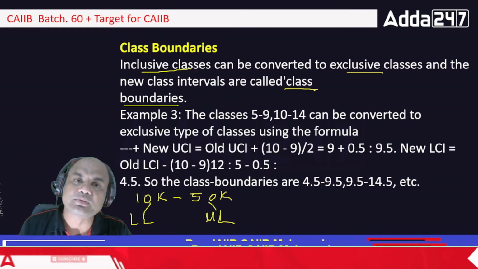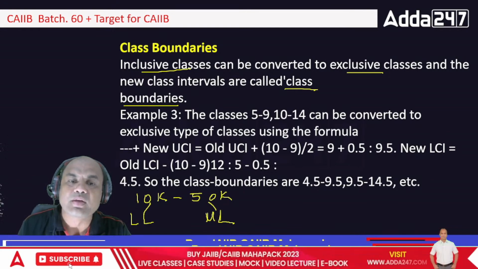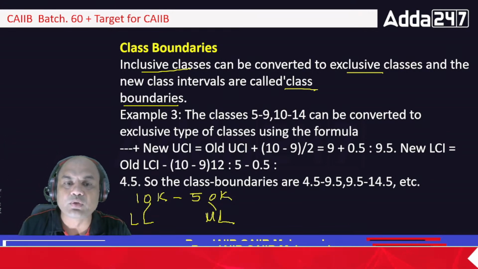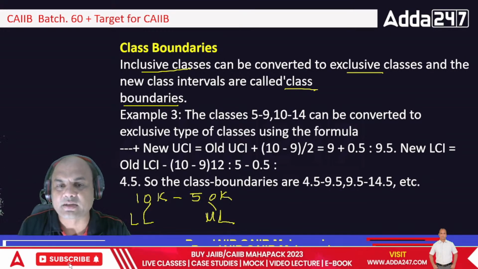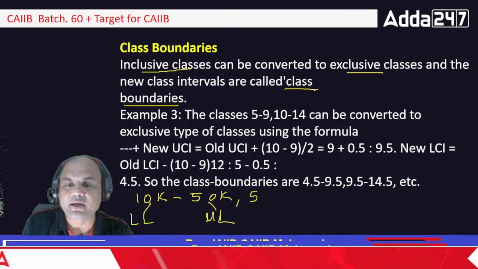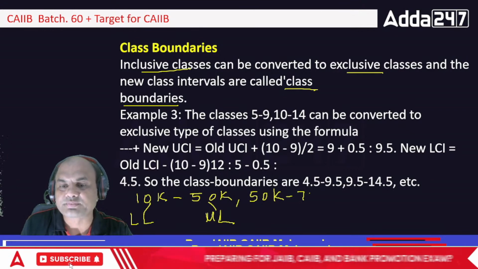And what is exclusive? Exclusive means we don't take the last figure. If somebody has a salary of exactly 10,000, that person won't be taken over here. It generally happens that the upper boundary is never taken and the lower boundary is taken. Suppose I have 10k to 50k, and the next class is 50k to, let's say, 70k.